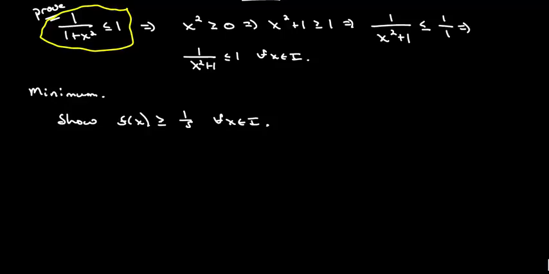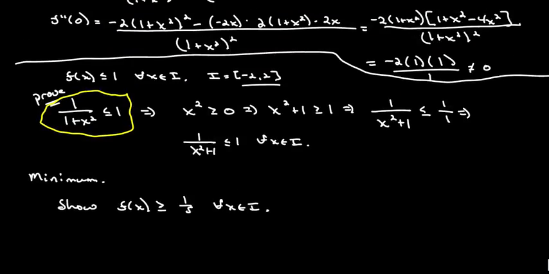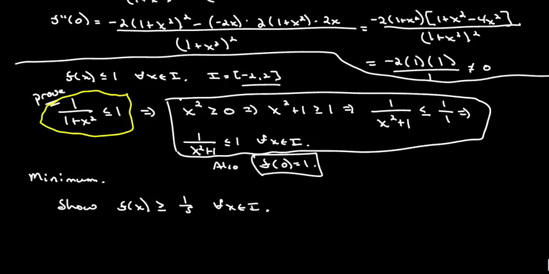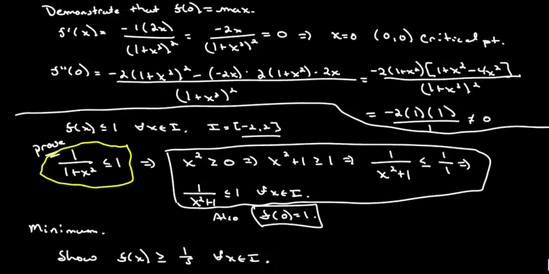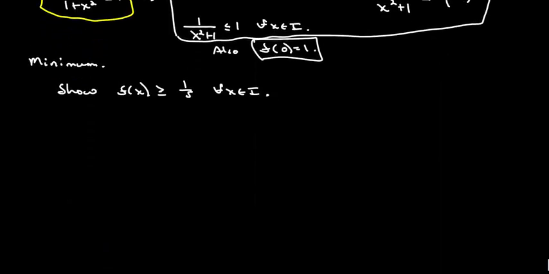Now we also should show, and I didn't say this up above, we also know f at 0 is equal to 1. So this in combination with this right here, well, that clears our first and second pieces, our two pieces for proving something's a maximum.